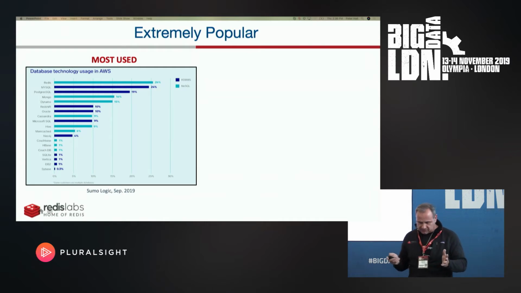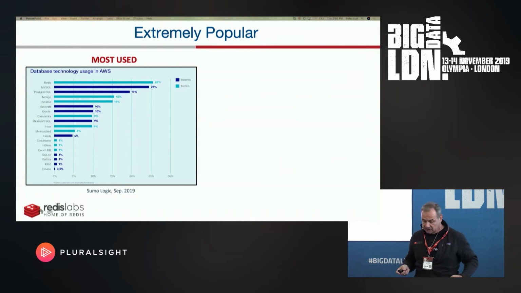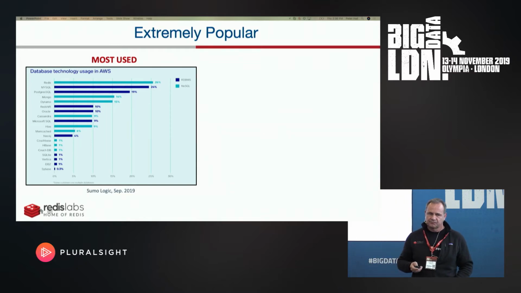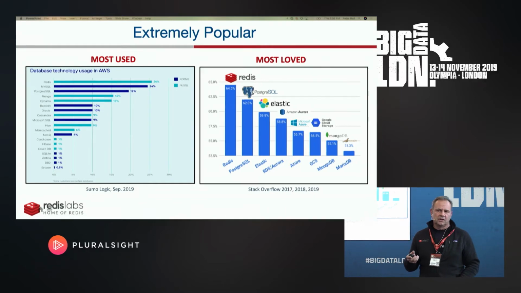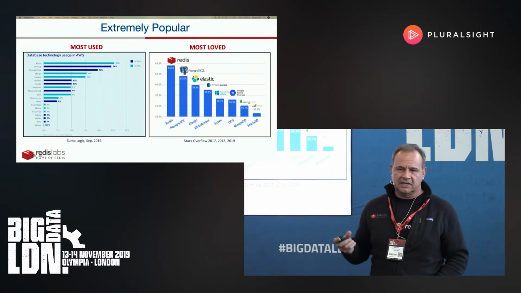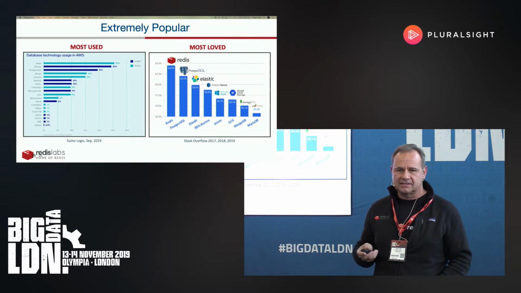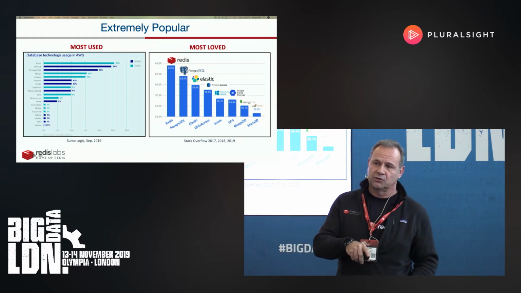Just to blow our trumpet a little bit, this was an analysis done by Sumo Logic, and they found that on AWS we are the most used database. There are other accolades, like Stack Overflow, who asked their community what is the most popular and loved database, and Redis came out on top, not just this year, but last year and the year before too.